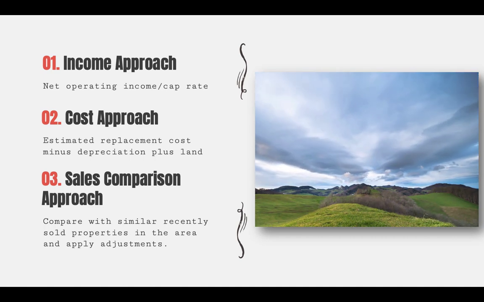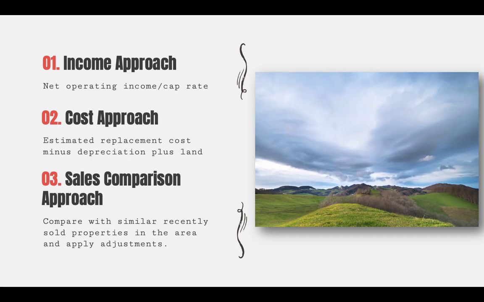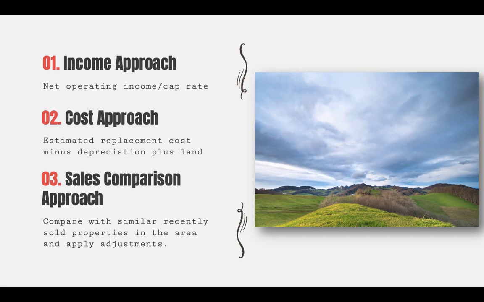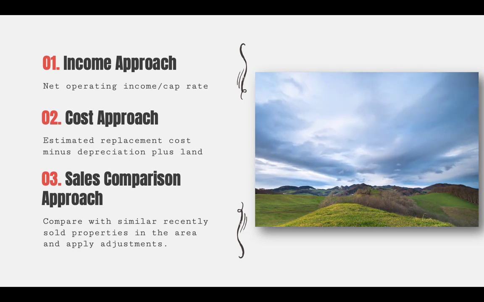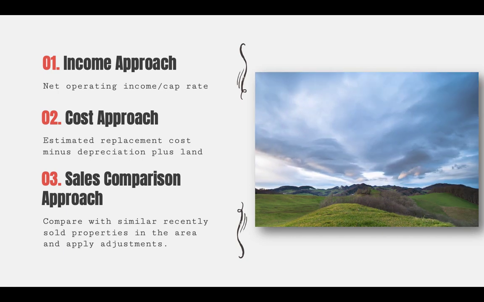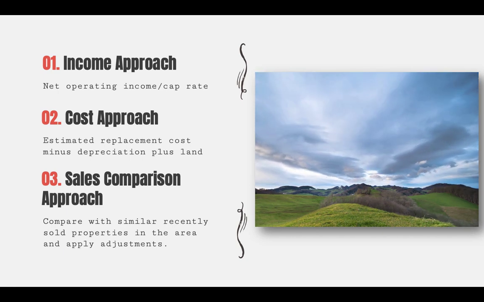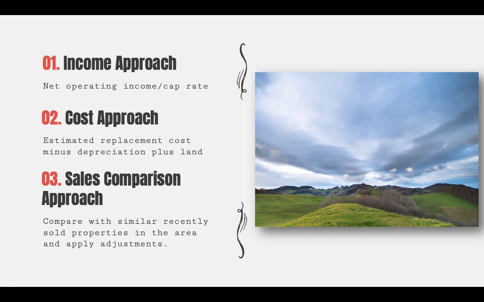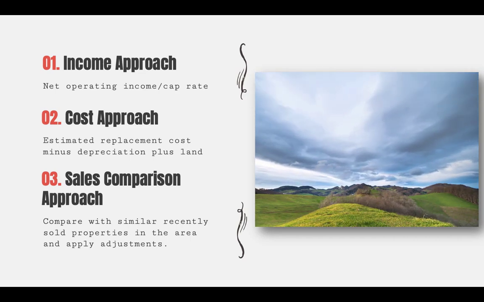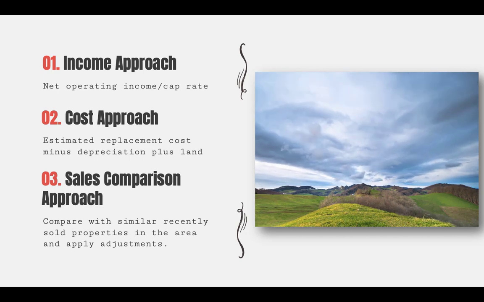Now, as you can probably tell, these first two approaches are not ideal for vacant land. So that leaves us with the sales comparison approach. And it is, as the name suggests, you look at similar recently sold property in the same area and then you apply adjustments.